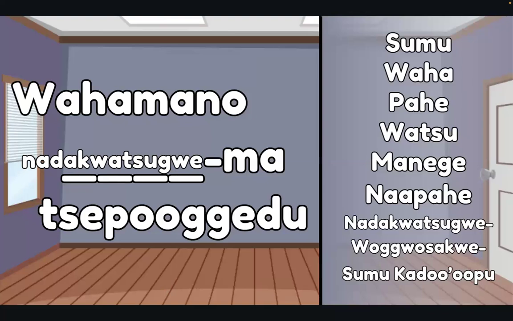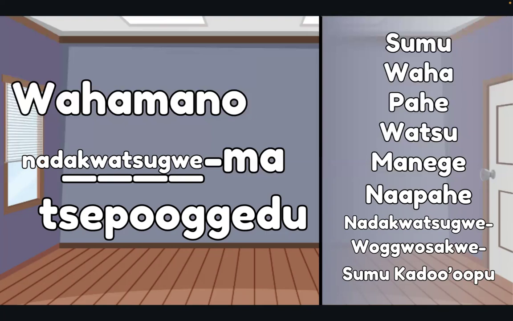That one's a little different because you can drop that off. Like I said, normally you only drop off the u, so you would expect this to be correct, but you can drop that one off. That was my editing error. Wahamano nadakwatsimatsipugid, 27.